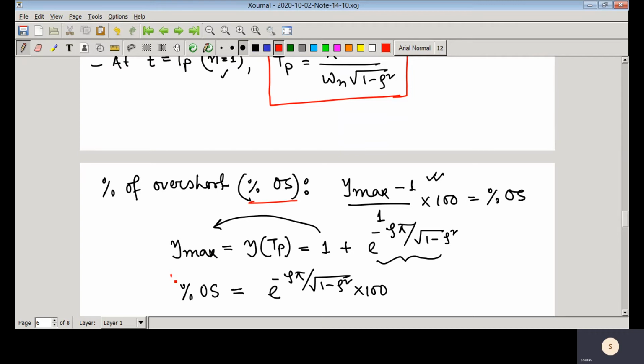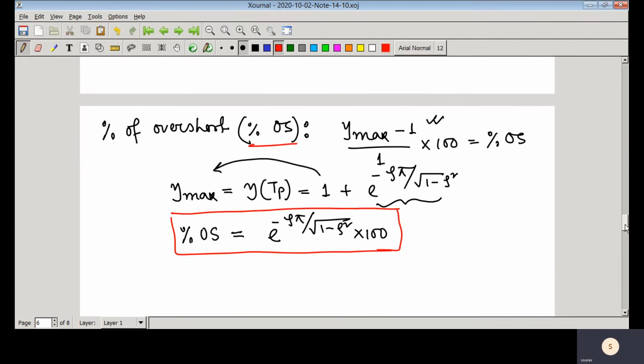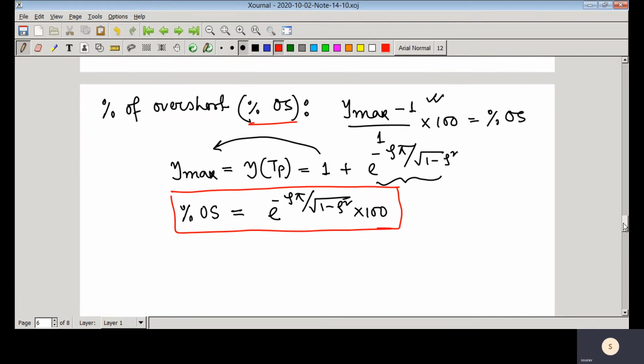And one interesting thing you can notice here is that the percentage of overshoot does not depend on omega n, the natural frequency. It only depends on zeta, that means the damping ratio.